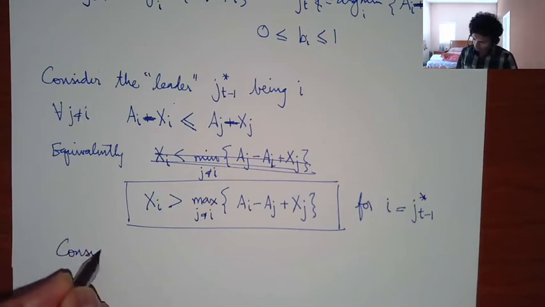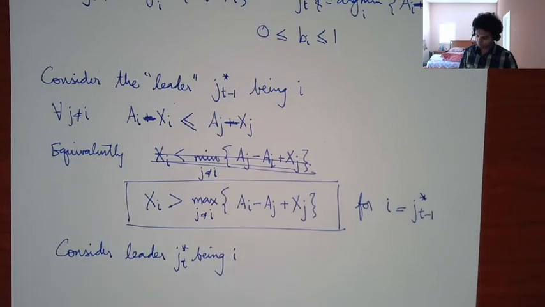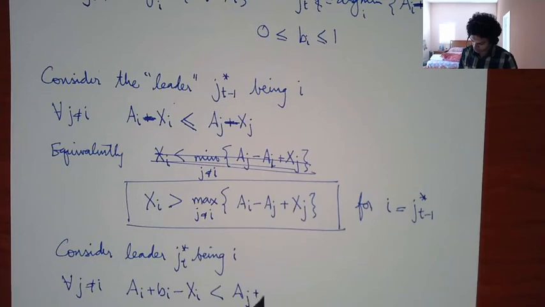Consider the leader J_t^* being i. Now what you need is for all j not equal to i, A_i plus b_i minus x_i is less than A_j plus b_j minus x_j.